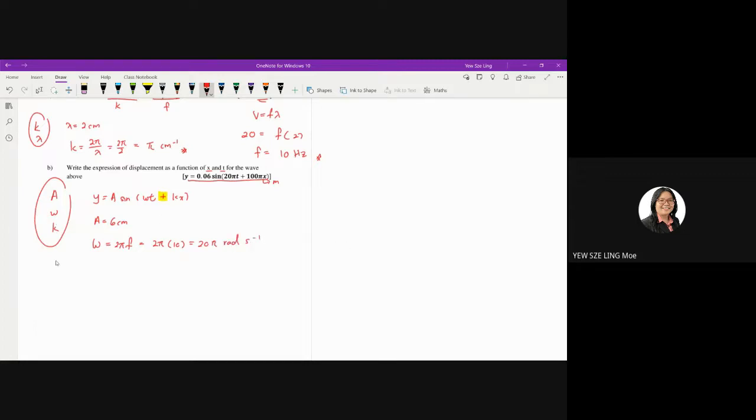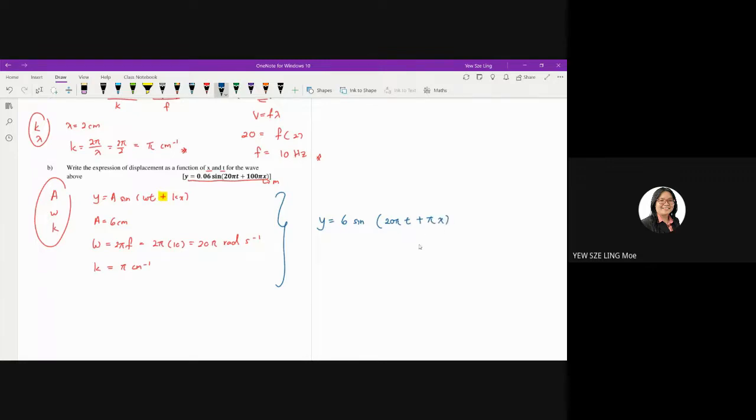And then I need k. From question A, it is equal to pi cm^-1. Now that I have all of the information, I just plug it into the general equation. So I have y equals 6 sine (20 pi t plus pi x).